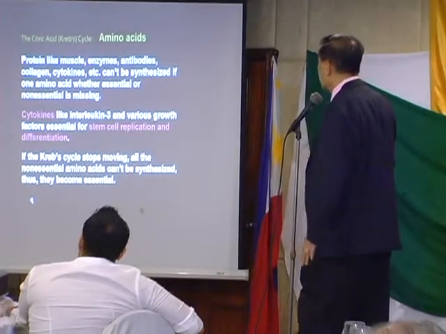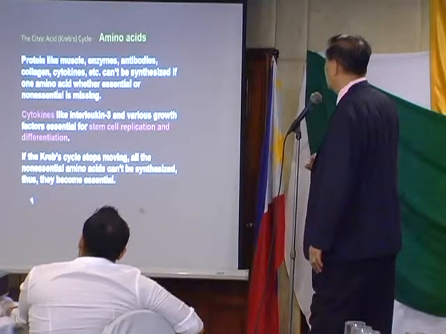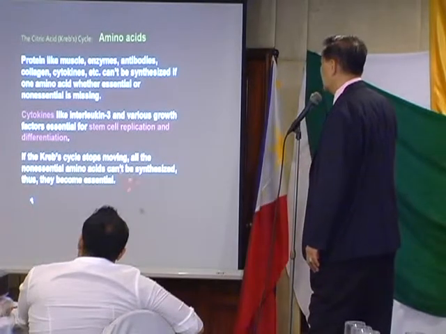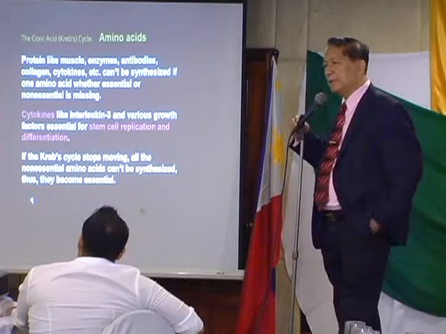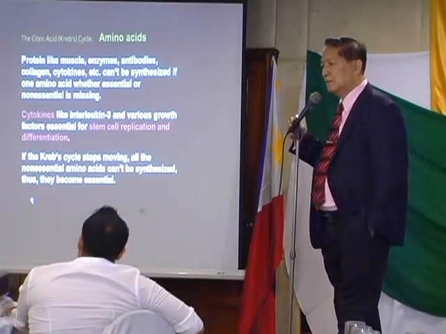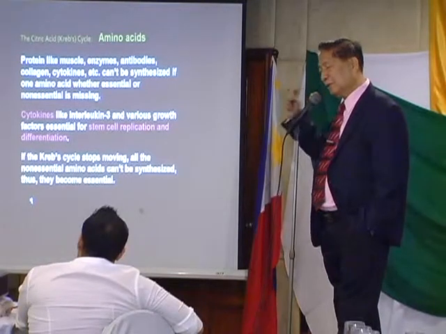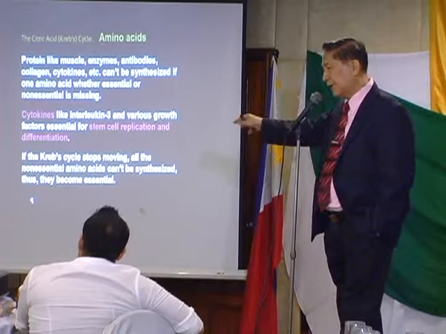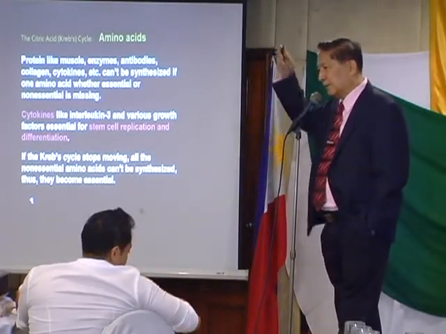If the Krebs cycle stops moving, not all the non-essential amino acids can be synthesized, thus they become essential. If the Krebs cycle stops moving, you cannot produce stem cells. You cannot enhance stem cell differentiation. If you like to enhance stem cells, you like to produce stem cells, you like them to replicate, multiply, differentiate, you must move the Krebs cycle.